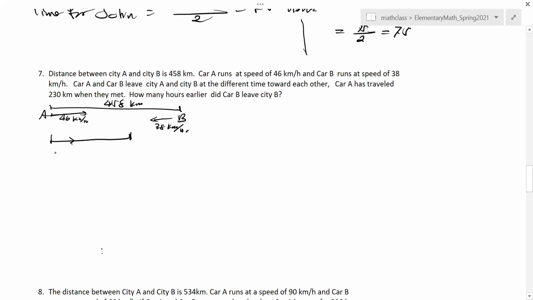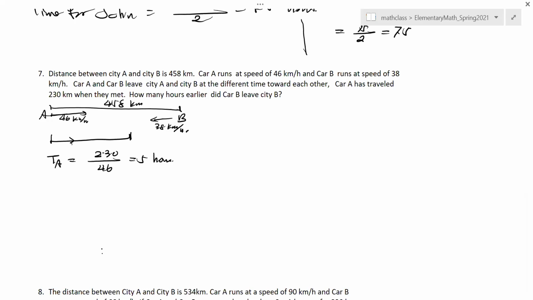So the time for car A is going to be the distance it traveled divided by its speed. So this is 5 hours. Okay, when they meet, car A already traveled 5 hours.